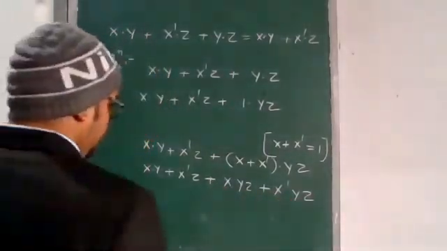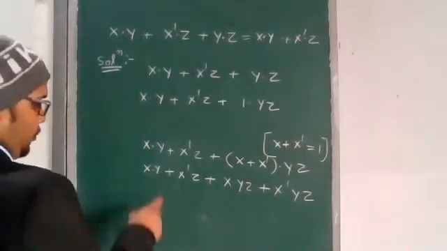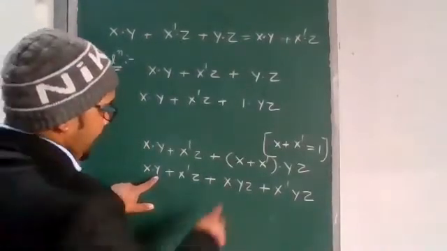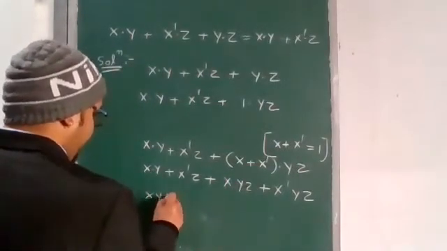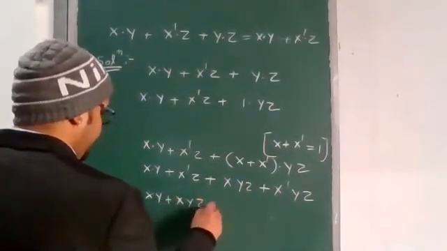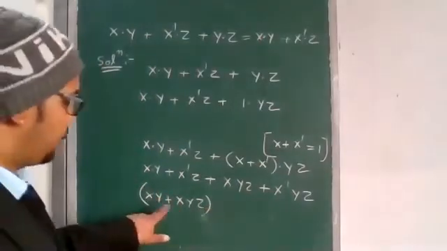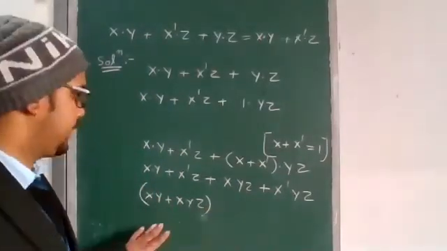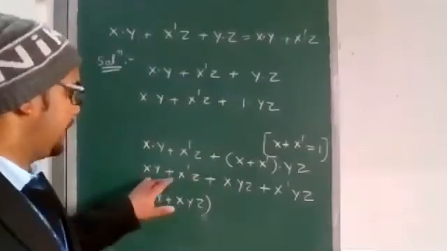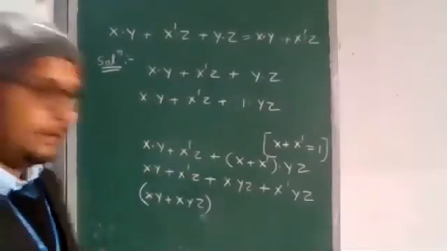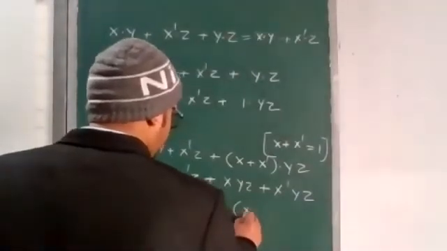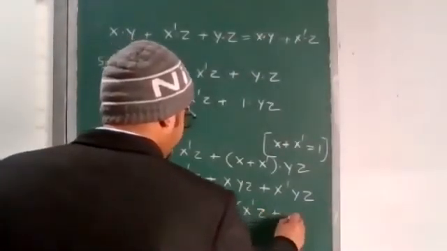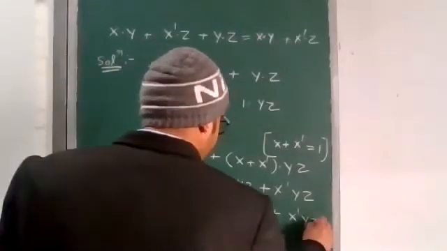Now you have to make a group of this xy and xyz. Make the group of xy and xyz, because in both xy is common. That's why I am making a group of both xy and xyz. Plus second is x complement z and x complement yz.